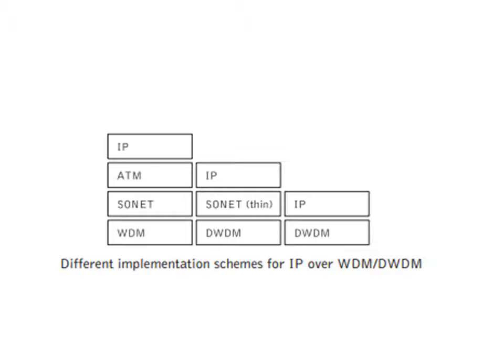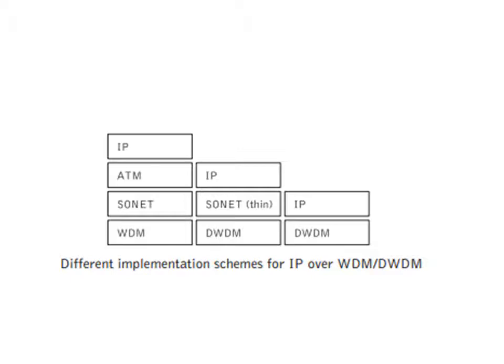But sometimes with SDH and SONET the bandwidth efficiency is not good, because SONET SDH uses synchronous time division multiplexing, where each time slot must be occupied, otherwise there is a waste of capacity.